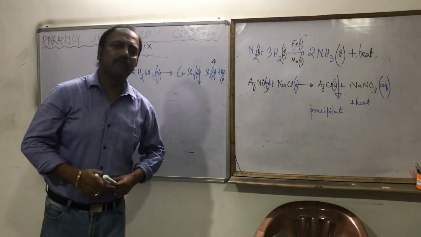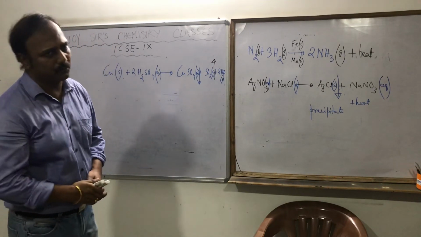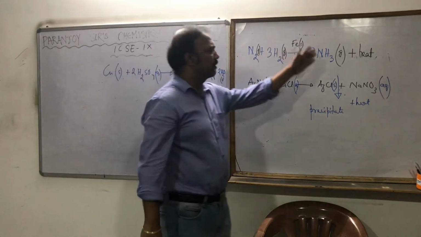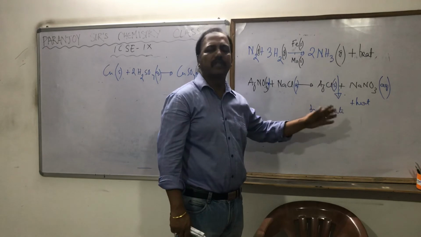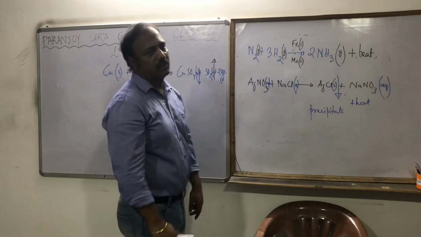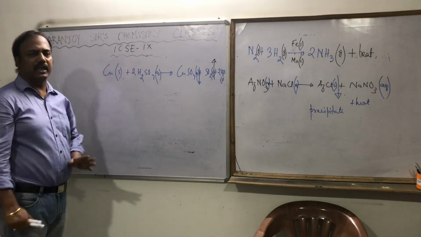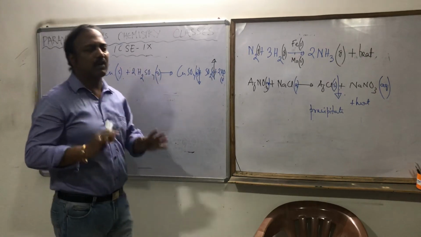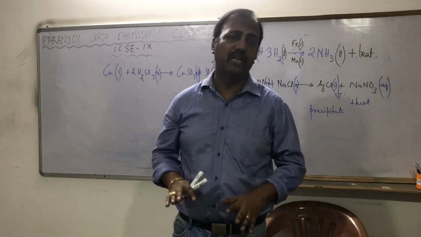The upward arrow indicates the gaseous product, and the downward arrow indicates the solid product which is undergoing precipitation. And obviously we can write about the heat. So this is what a chemical equation is, at your level.